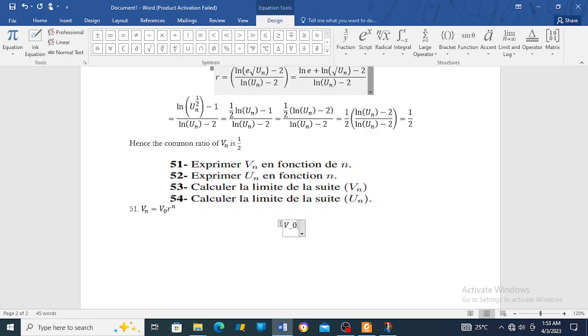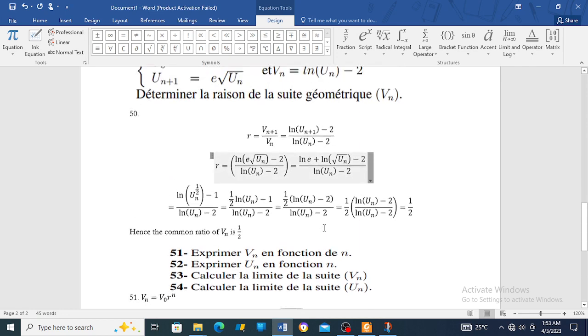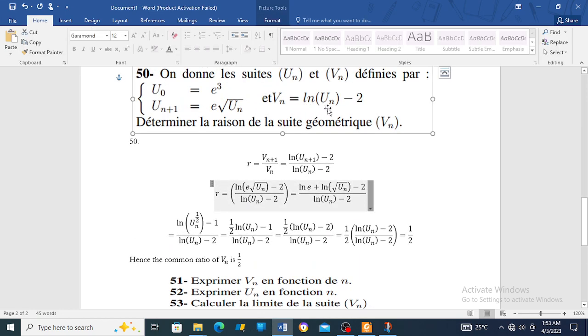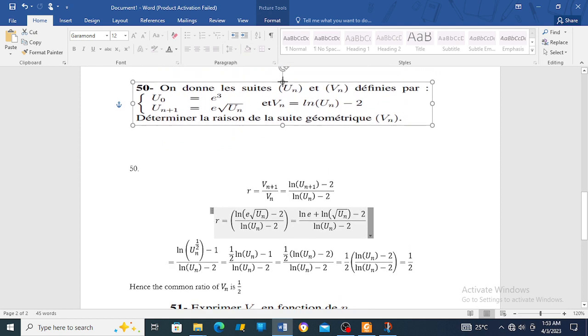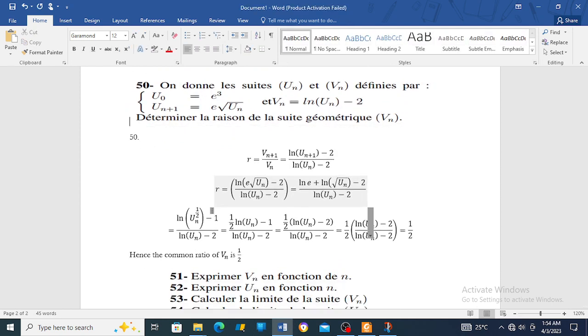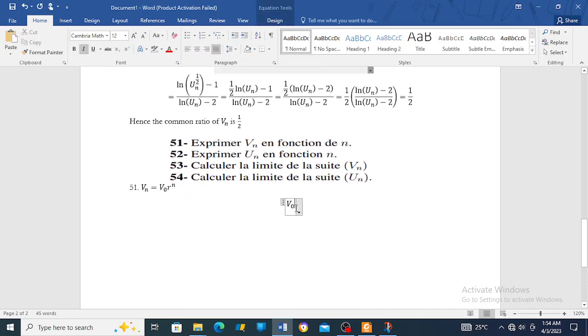Remember that our v of n is the ln of u of n minus 2. So it means v0 becomes the ln of u0 minus 2. So we have the ln of e cubed, then minus 2.